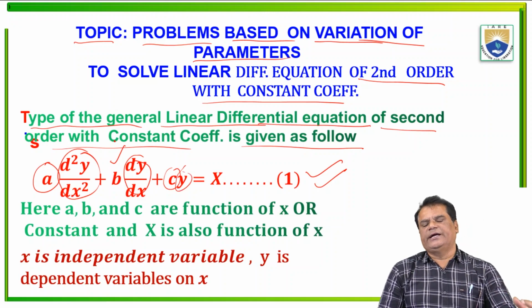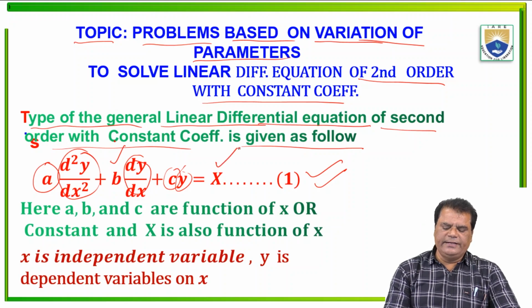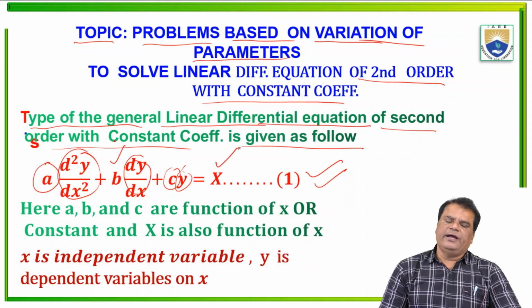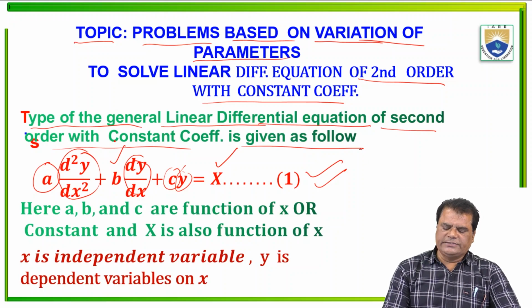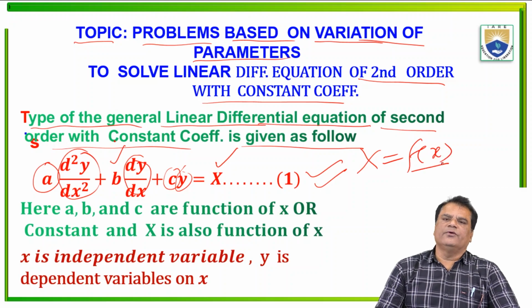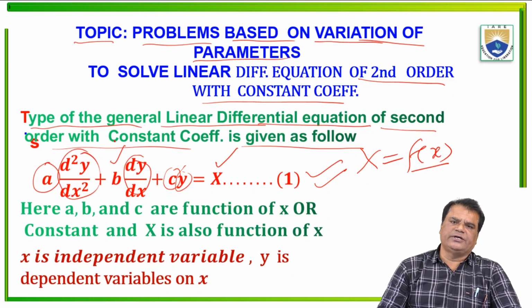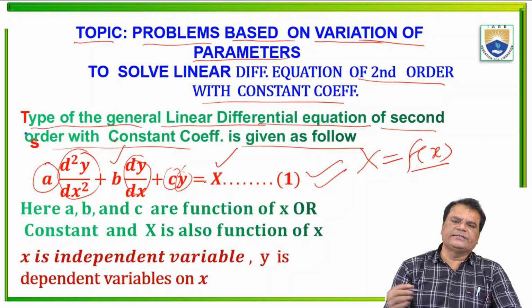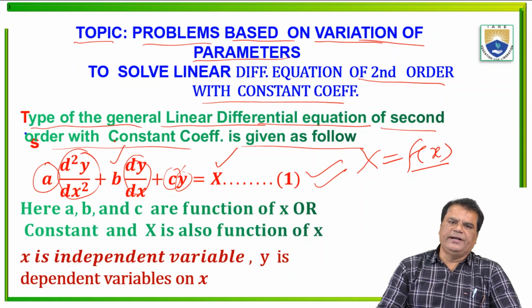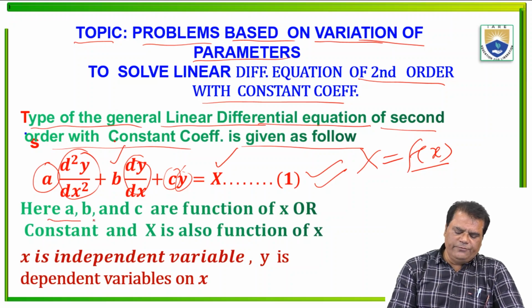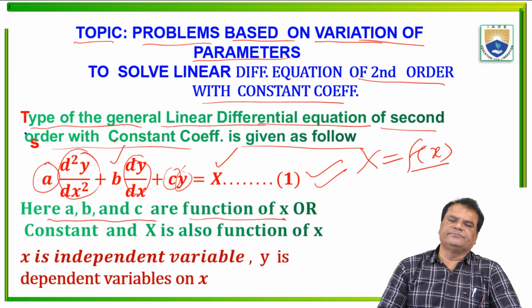This is the left hand side. What is on the right hand side? There is some function X. Capital X is a function of small x, where small x is the independent variable. Here a, b, c are numbers, sorry, not functions.